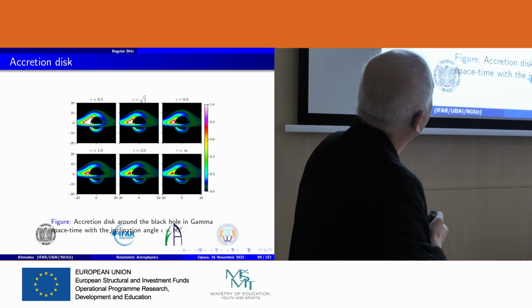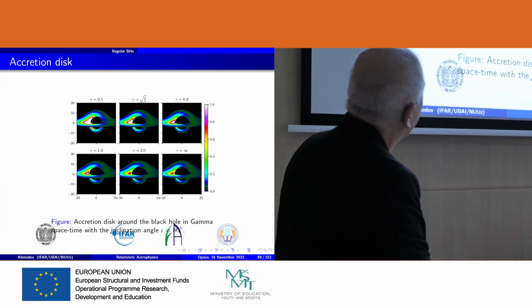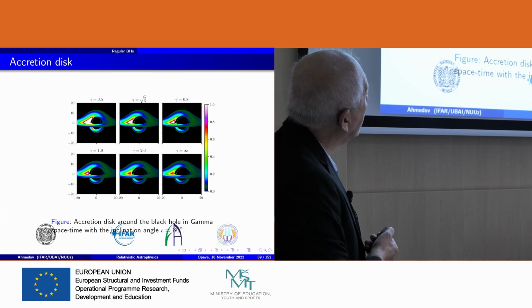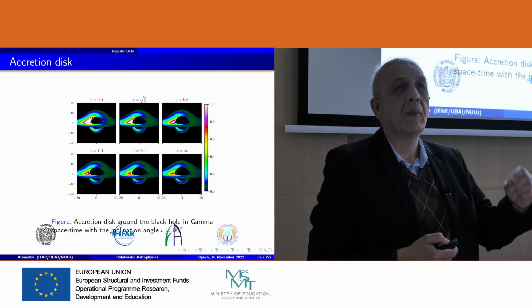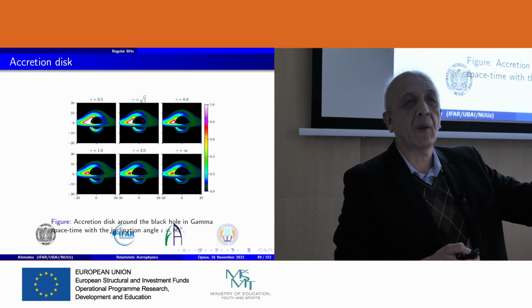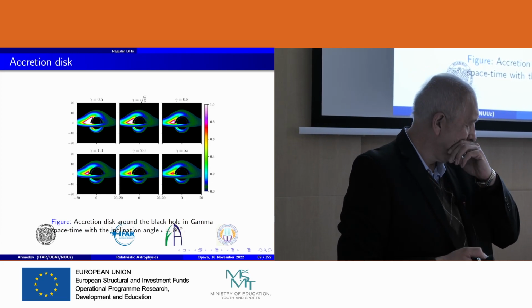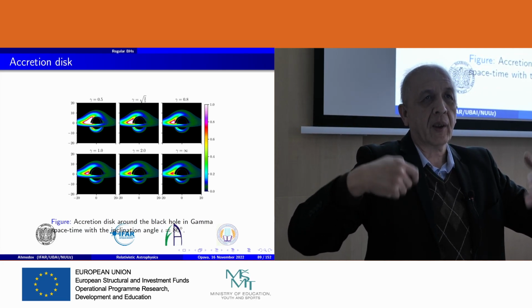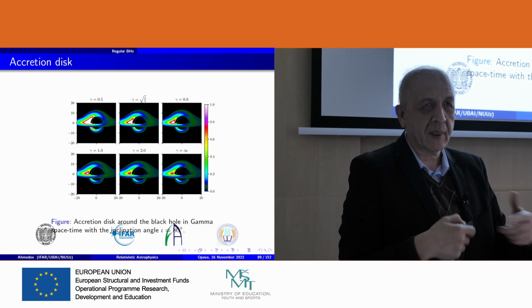You can see how its image depends on the inclination angle. For inclination angle 80, it is the image of the accretion disk. And why do we trust these results? Because we have two students, one of them Song Lee from Shanghai, and the other one is Timurbek Mirzaev. Both of them are working on different simulations.